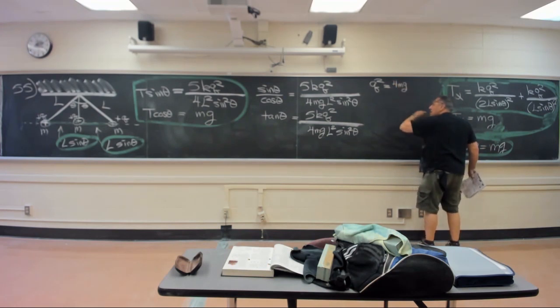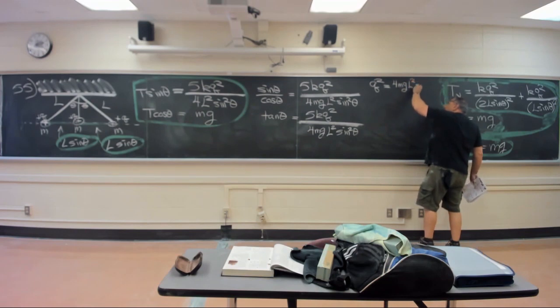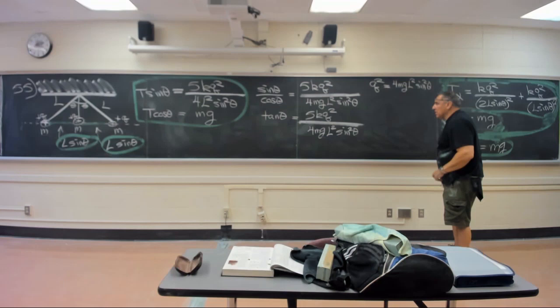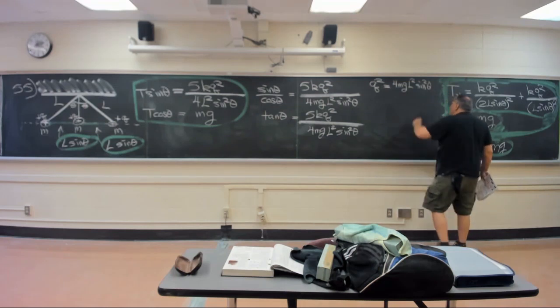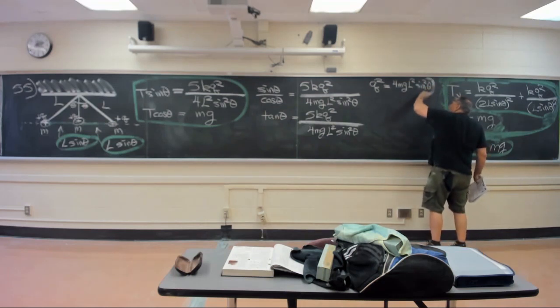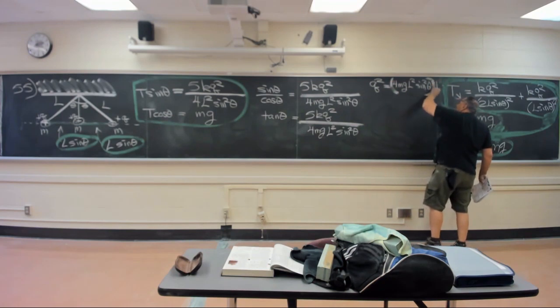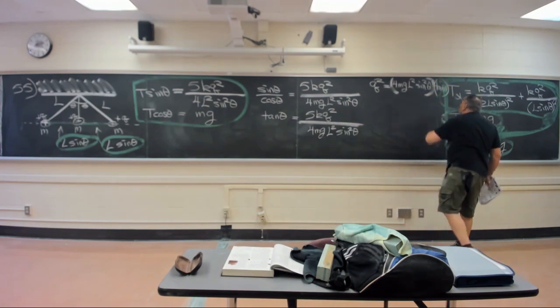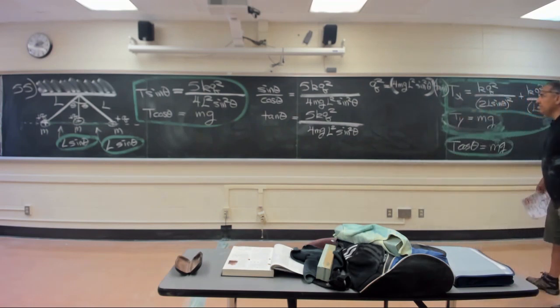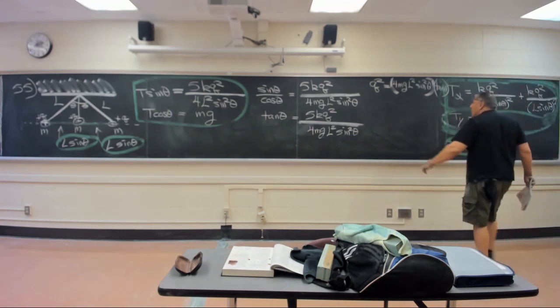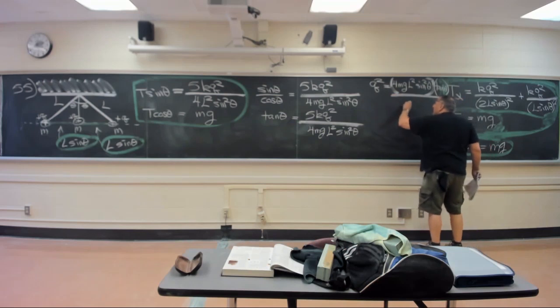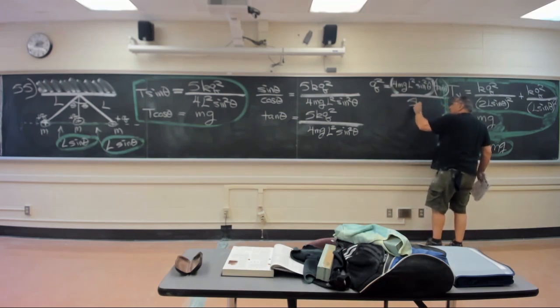4mg L squared sine squared theta times tan theta divided by 5k.